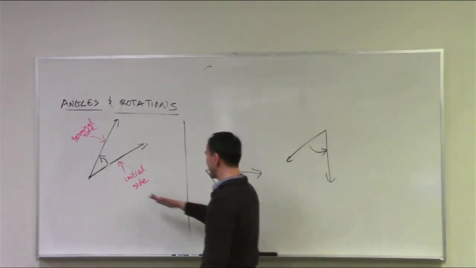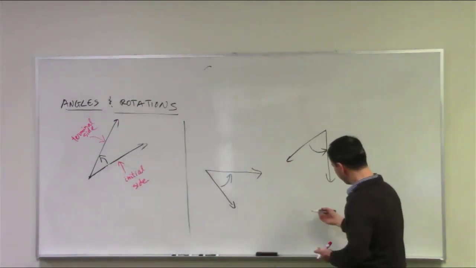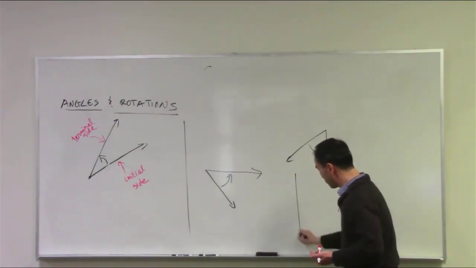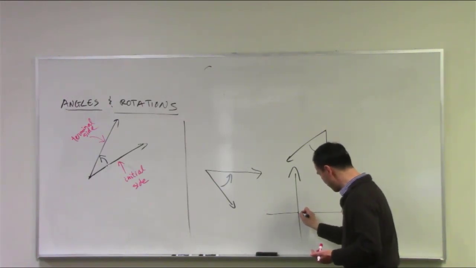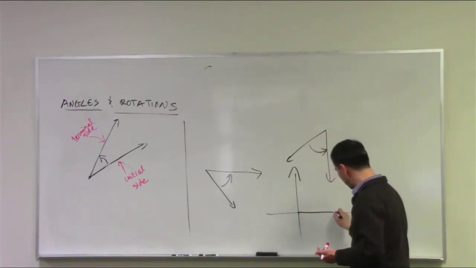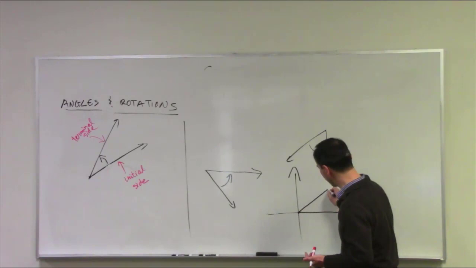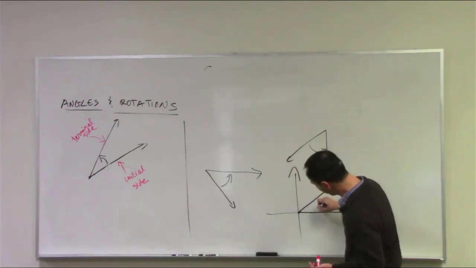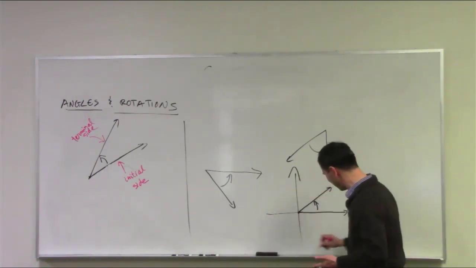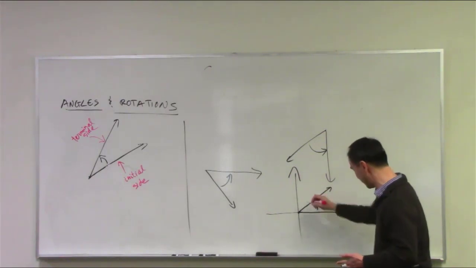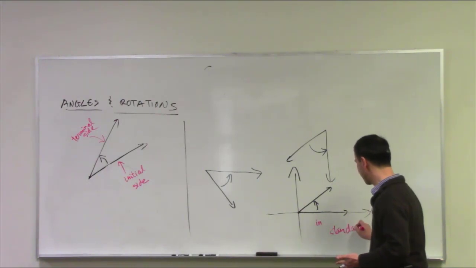But things can become all over the place if we don't set a rule for ourselves. So mathematicians came up with this. When we put things on the axes of the system, the x and the y, anytime we put our initial side on the positive x-axis, and the terminal side is the rotating one, rotating away, an angle like that, the way we position it, is called an angle in standard position.